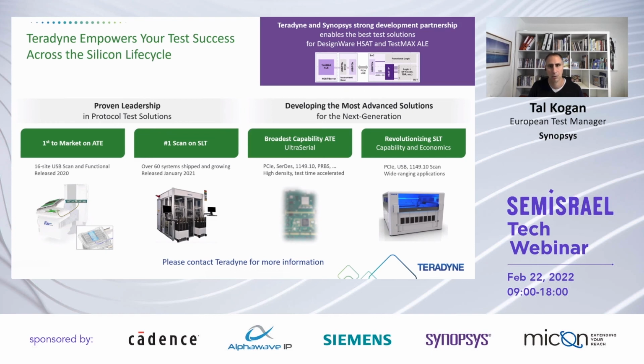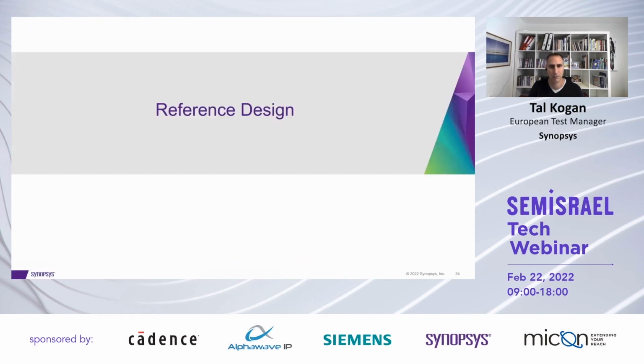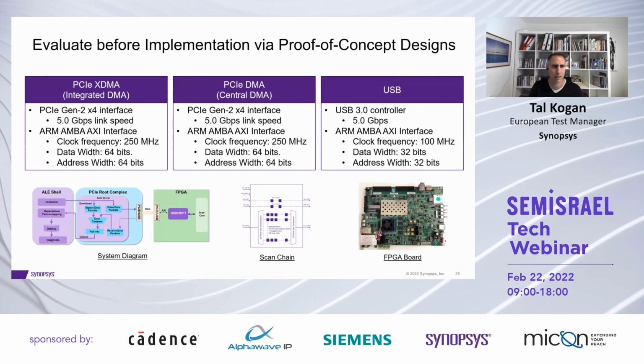Okay, and to conclude, we also have here some reference designs that we can share with our customers. We have those for PCIe, whether it's XDMA or DMA. We have also a USB reference design. So you can see here in the picture, this is what it looks like.